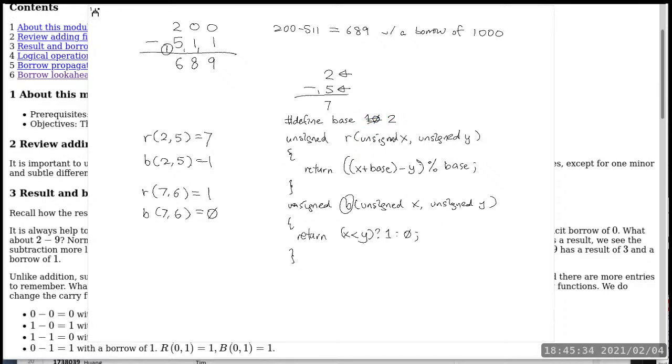Done. Now we're dealing with base 2. It's the same logic, okay? It is exactly the same logic. But the ramification of changing from 10 to 2 is huge.